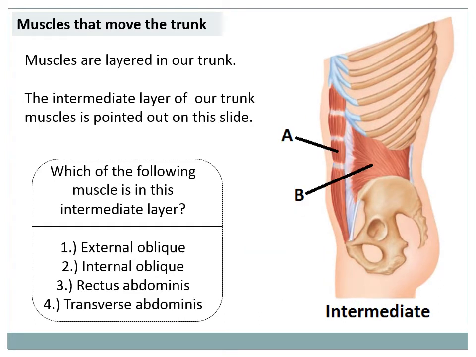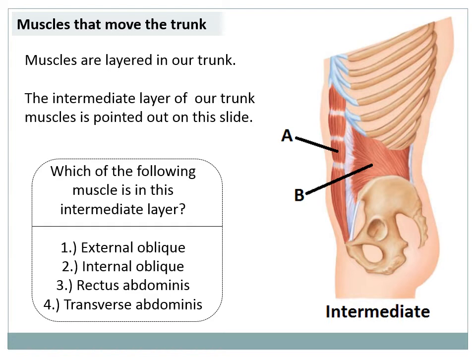Like I said before, muscles are layered in our trunk. Remember, on our most deep layer of our trunk, we found the transverse abdominis. We are now laying these muscles on top of that transverse abdominis. So we have both A and B on top of it. What do you think A is? A is considered your abs.